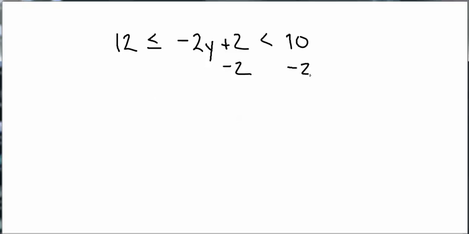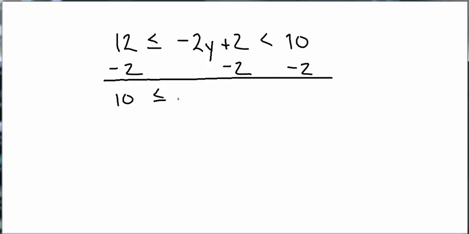Let's say you get 12 is less than or equal to negative 2y plus 2, which is less than 10. Watch, you're going to subtract 2, aren't you? 12 minus 2, you get 10 less than or equal to negative 2y, which is less than 8.